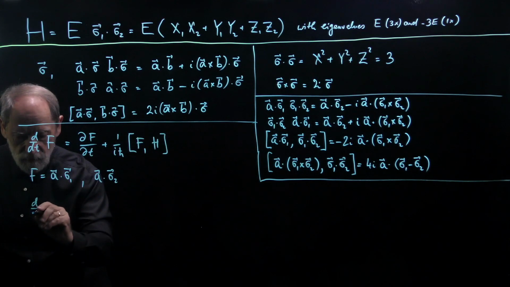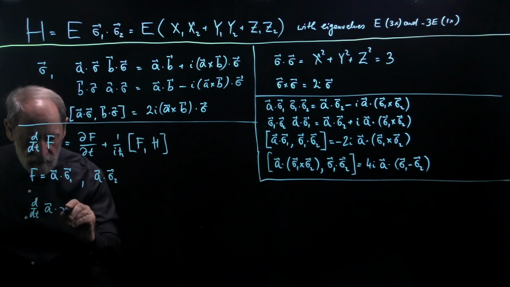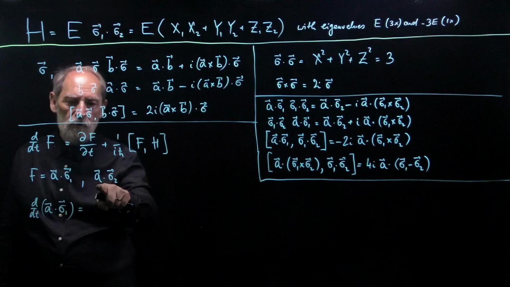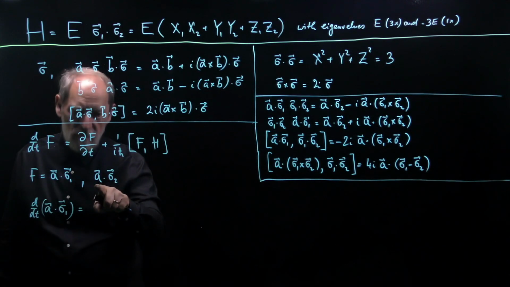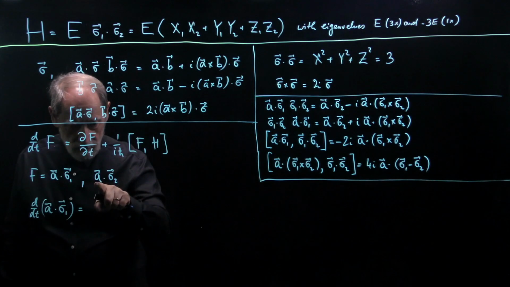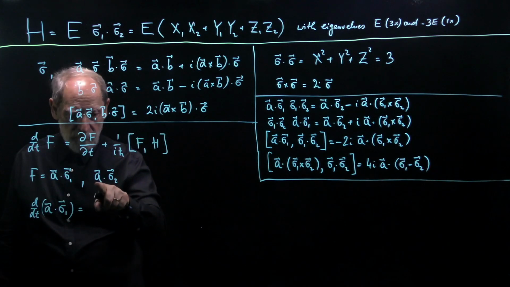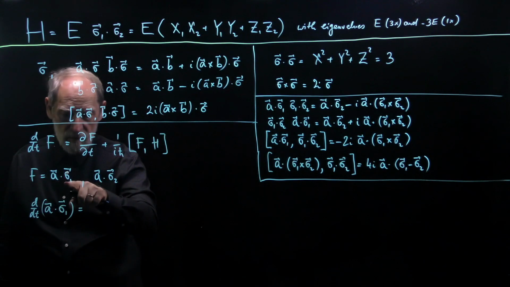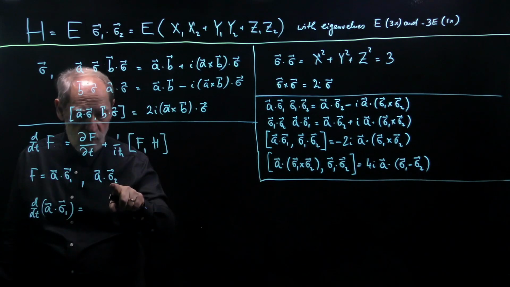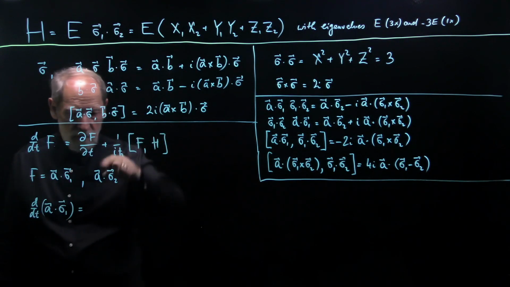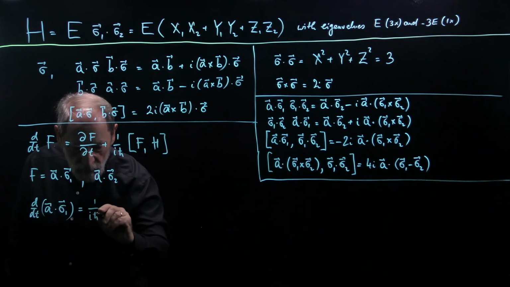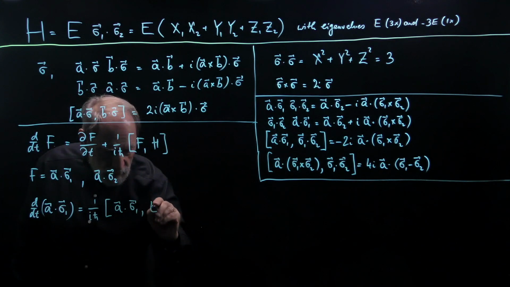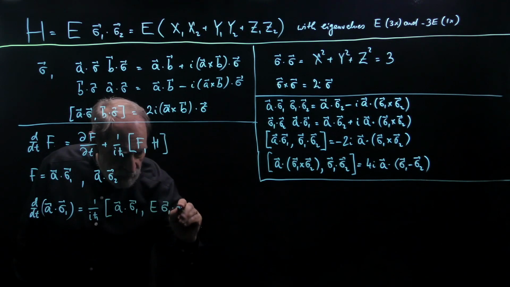So I'm looking at the time derivative of a dot sigma 1, and what do I get? Well, the a, of course, we do not choose time dependent, so we do not introduce a parametric time dependence by making a also time dependent. Now, a is a fixed direction, and the only time dependence comes from the dynamics that changes sigma 1 at one time to sigma 1 at a different time, or sigma 2 at one time to sigma 2 at a different time. So we only have this contribution. So we have 1 over i h bar, and then it's the commutator of a dot sigma 1, and then e sigma 1 dot sigma 2.